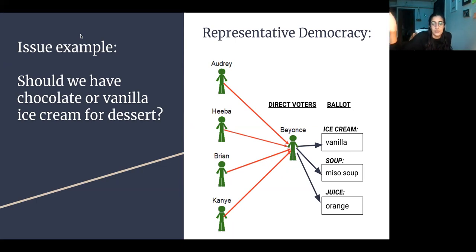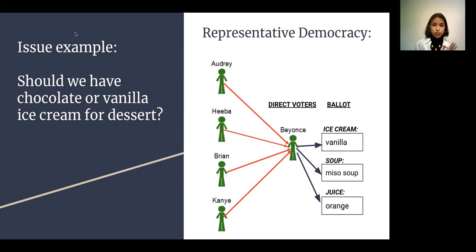So her vote for ice cream, soup, and juice are all representative of Audrey, Heeba, Brian, and Kanye's votes on all of these issues. Yeah, and that's one of the key things to differentiate between representative and liquid democracy, which is that in a representative democracy, you might pick one representative who has to vote on a number of issues, whether they're qualified, in your opinion, to vote on all of those issues or not.